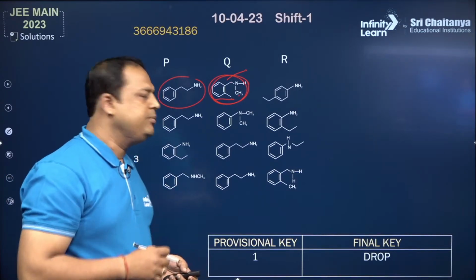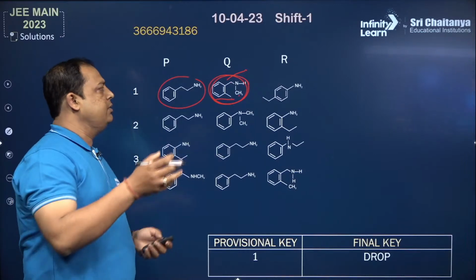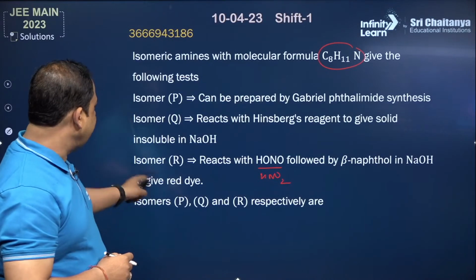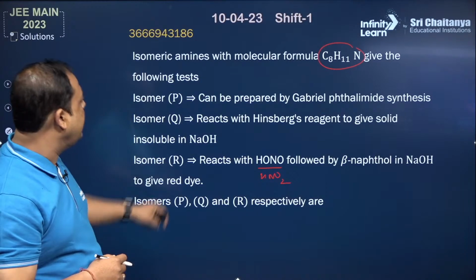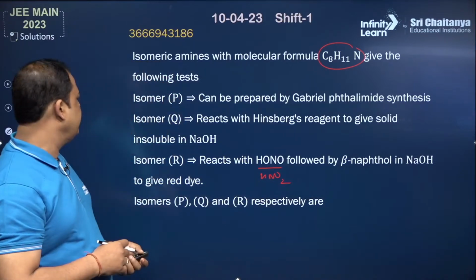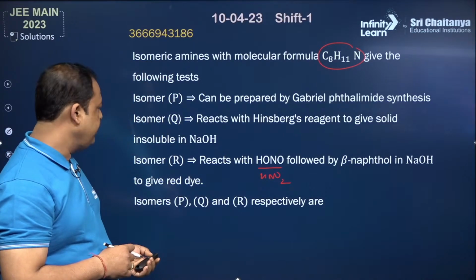Okay, no problem. So come to the third one. The third option is isomer R, which reacts with HNO2 followed by beta naphthol in sodium hydroxide to give a red dye.